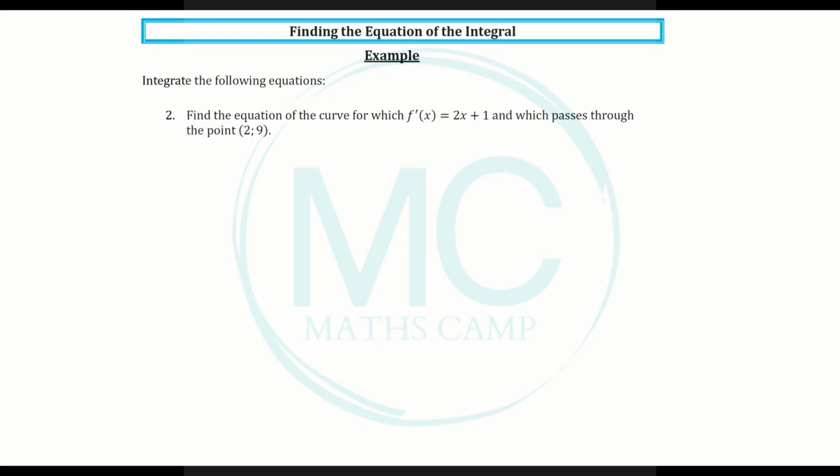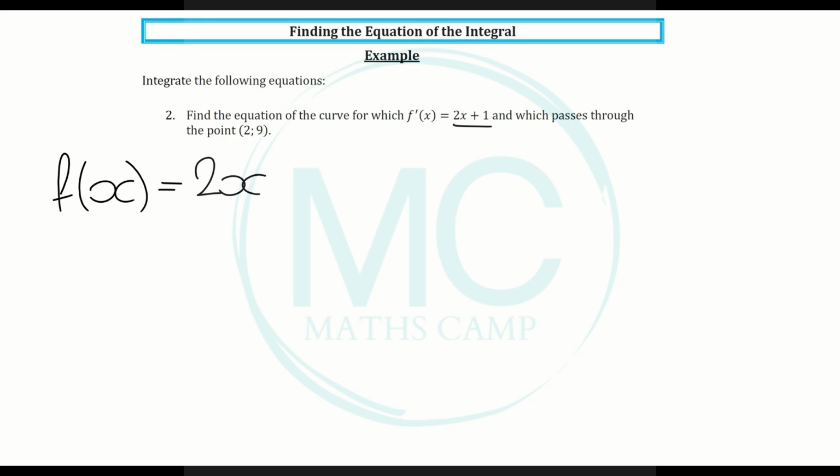Let's do another example. Find the equation of the curve for which f prime x is equal to 2x plus 1, which passes through point 2, 9. Here we have the equation for the first derivative. So to find the equation of the curve, we can say f of x is equal to 2x. When x does not have an exponent, its exponent is 1.